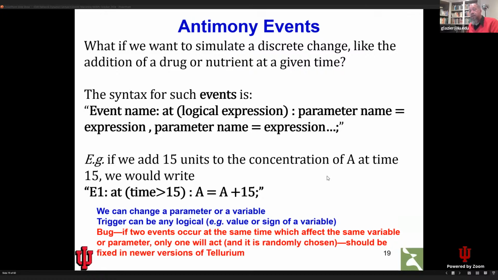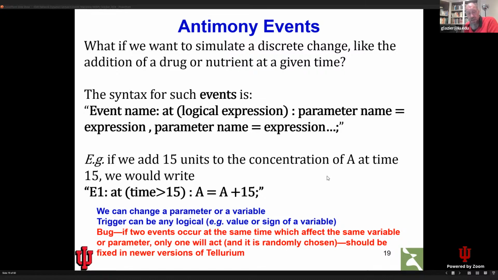So at time, event number 1, E1, colon, at time greater than 15, colon, A equals A plus 15. Now that actually in a procedural code wouldn't do what we want, because every time that line is called, it would add 15, so A would run away.